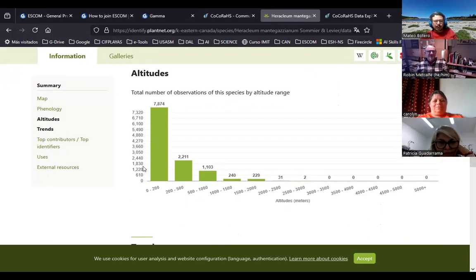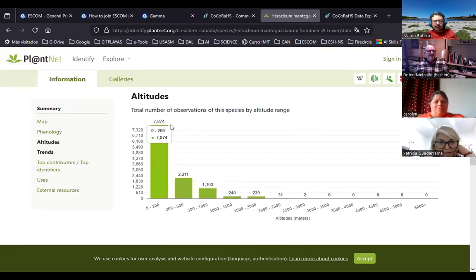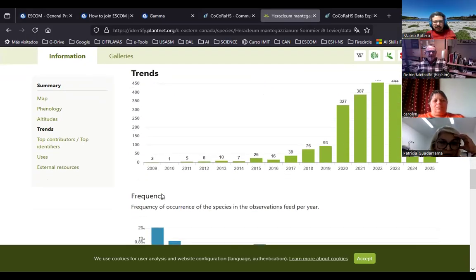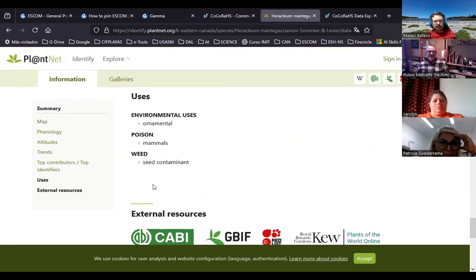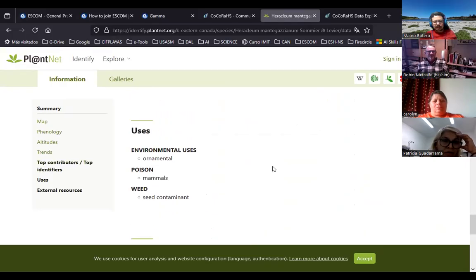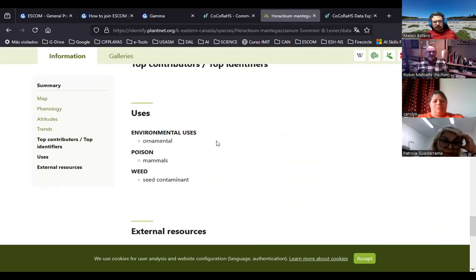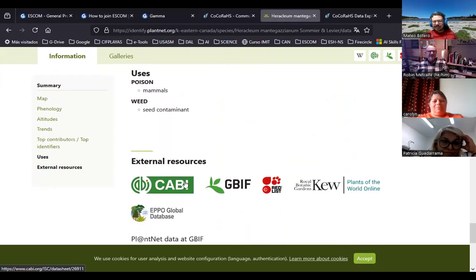Just checking and saying, oh wow, there are 7,874 observations of this species at sea level. And I discovered, I think in the uses, that it says it's poisonous. Ornamental. It's poisonous for mammals, as Caroline said. And of course, the seeds are contaminants, so don't eat the seeds, and don't make cakes with this plant.